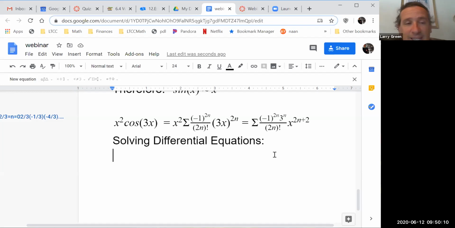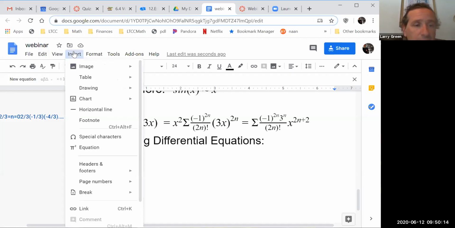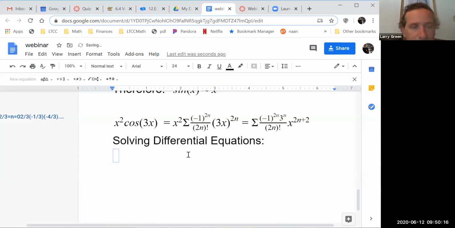So the first thing is, let's suppose we have a differential equation. Let's suppose we have y double prime plus x y prime equals x plus 1.